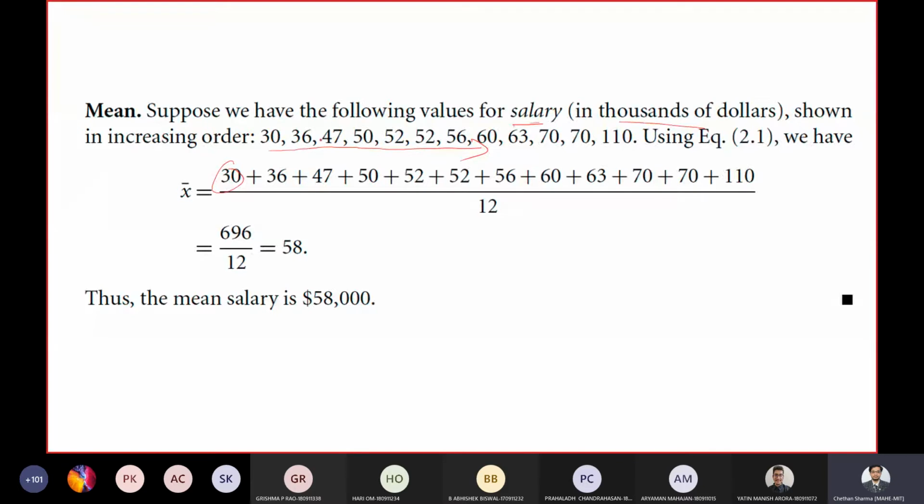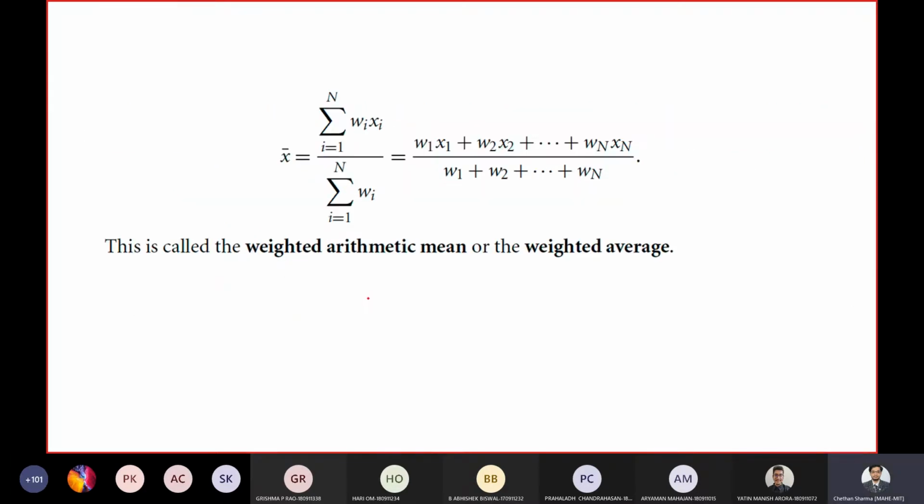So you will add everything from 30 till 110. The total is 12, so there are 12 observations for this attribute, which is salary. So the mean of the salary is 58. The mean of this data set, which are the observations for the salary attribute, is $58,000. So this is with respect to the mean.